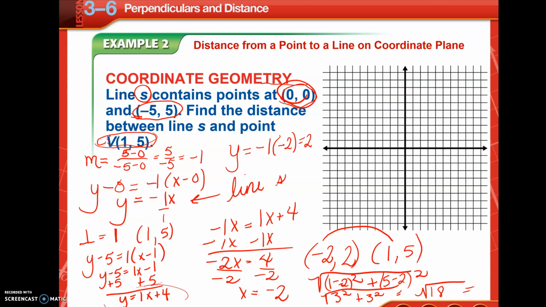Or the other way, if you're more visual, is to draw it. So (0, 0) and (-5, 5). I have these two points, so I can draw this line.